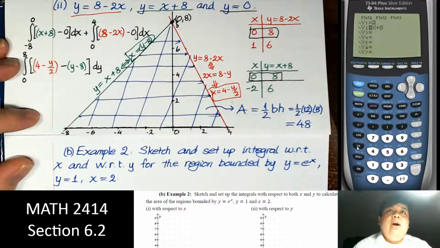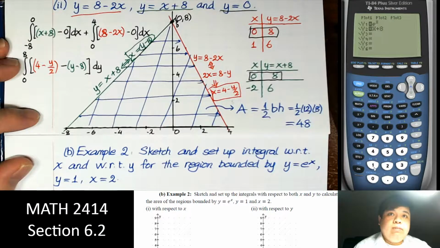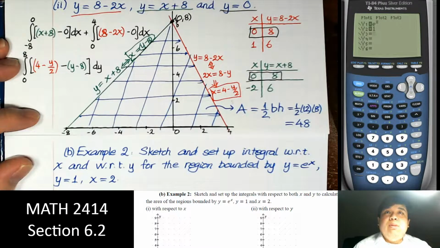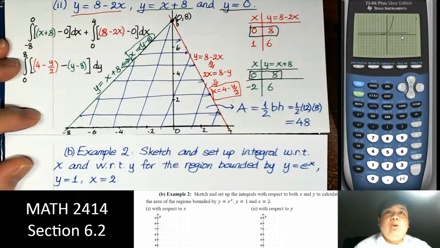Y equal to 1. And x equal to 2. That one we kind of have to imagine. We won't be able to graph x equal to 2. Alright, so that exponential function e to the x and y equal to 1.